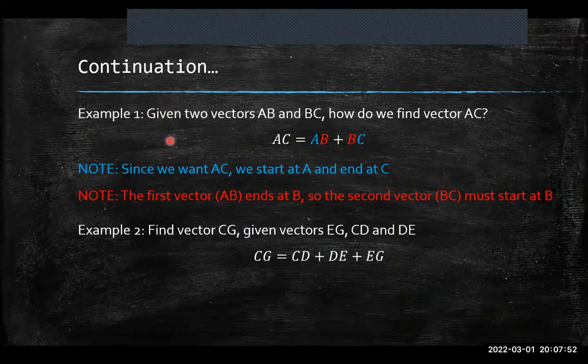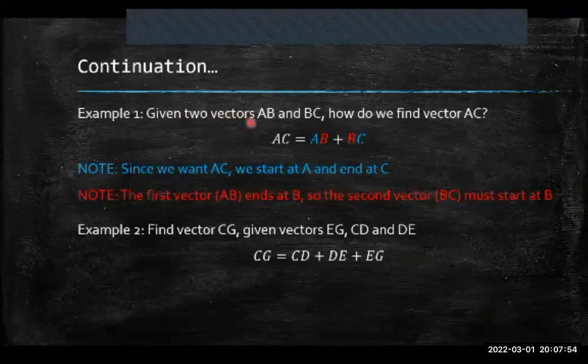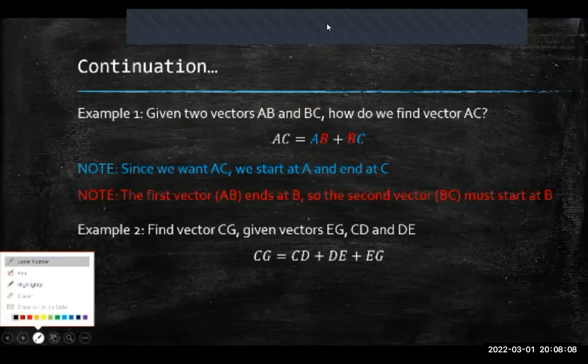So, continuation. An example. If you're given two vectors AB and BC, how do we find the vector AC? Well, AC is going to be equal to AB plus BC. So let me just sketch that real quick. Let me go on the whiteboard. Ooh, this is still here. That's nice.